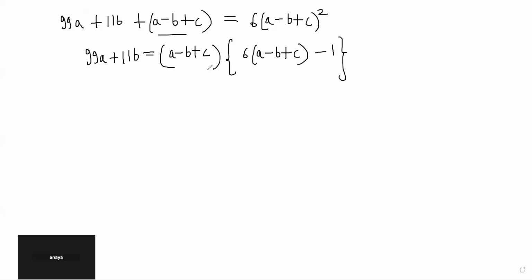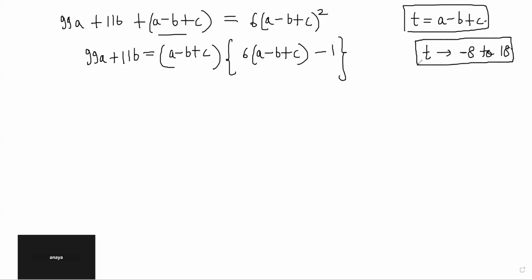For simplification, we can call T equal to A minus B plus C as one variable. We know the values of T can range from minus 8 to 18, the upper and lower limit we already figured out. So we can write it as T times 6T minus 1, equal to 99A plus 11B.